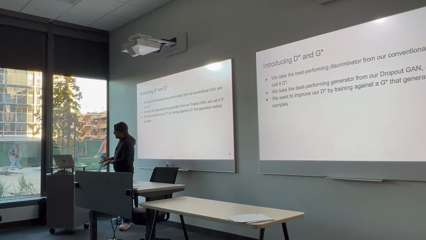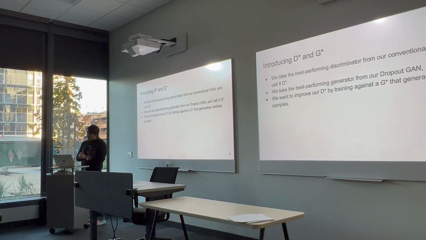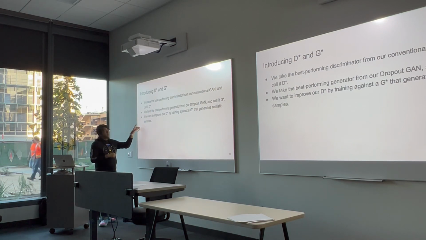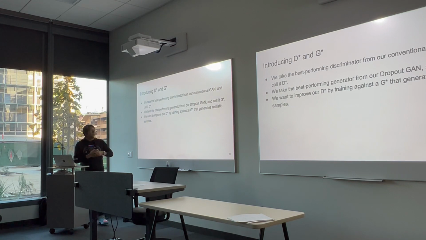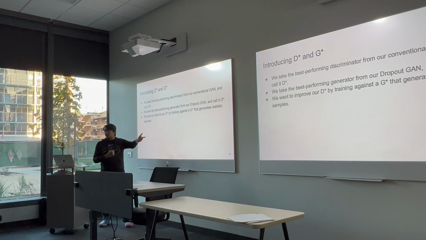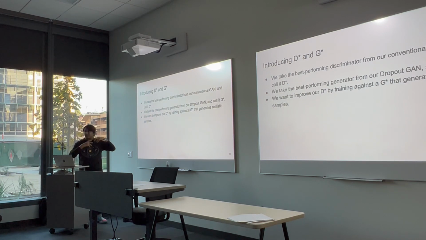And now we have a generator from our dropout GAN architecture, which can hold itself and doesn't suffer from mode collapse. We call that generator G star. So there are two different discriminators and generators from two different architectures that we will now train against each other.